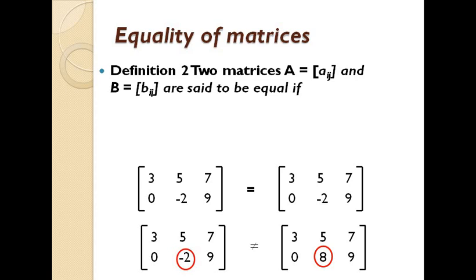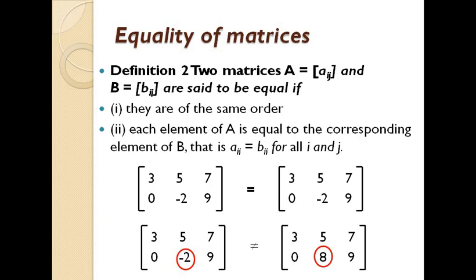Two matrices Aij and Bij are said to be equal if they are of the same order and each element of A is equal to the corresponding element of B. That means Aij is equal to Bij for all i and j. So here you can see the example. In the first pair, 3 is equal to 3, 5 is equal to 5, 7 is equal to 7, 0 is equal to 0, minus 2 is equal to minus 2, 9 is equal to 9.